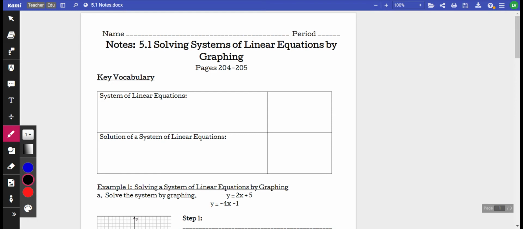The first word, a system of linear equations, is a set of two or more linear equations with the same variables.